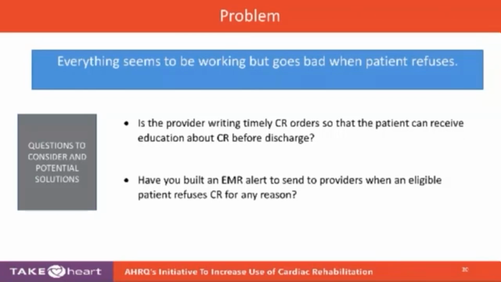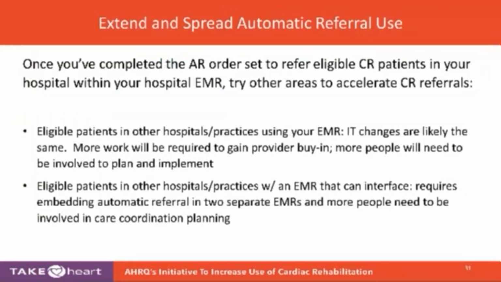in your program. We'll transition now out of the problems section and talk a little bit about extending and spreading your automatic referral use. Because once you've got this completed, then you may want to consider areas where you could conceivably accelerate the referrals, expanding your outreach to including eligible patients in other hospitals and practices that use your EMR.